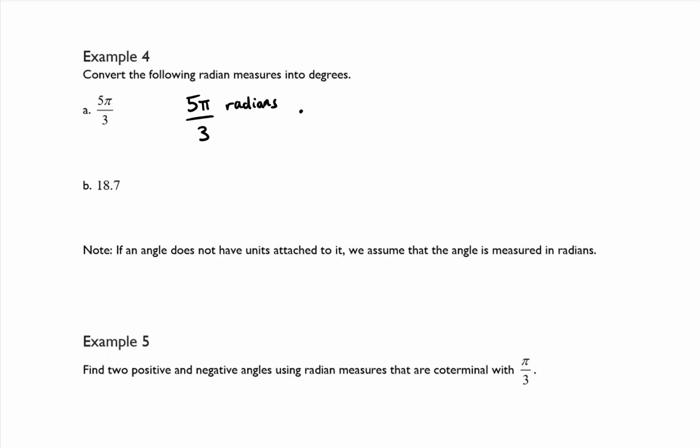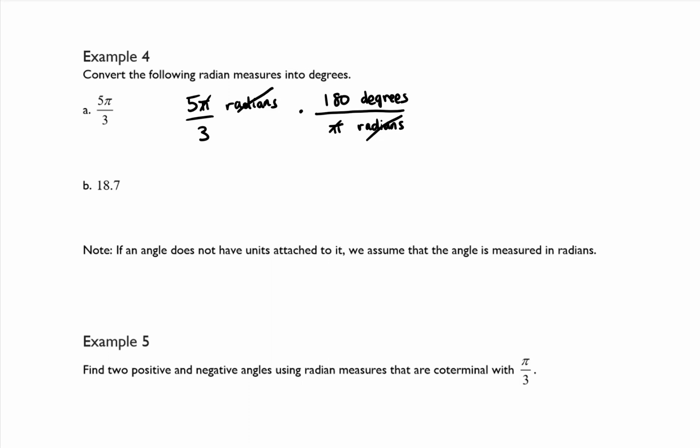And I'm going to go ahead and multiply that. I want a conversion factor where the radians are in the bottom. So we know that pi radians is equal to 180 degrees. And if we do multiplication now, the radians and the radians will divide since one's in the numerator and one's in the denominator. Same thing will happen with the pi's. Those will cancel out.